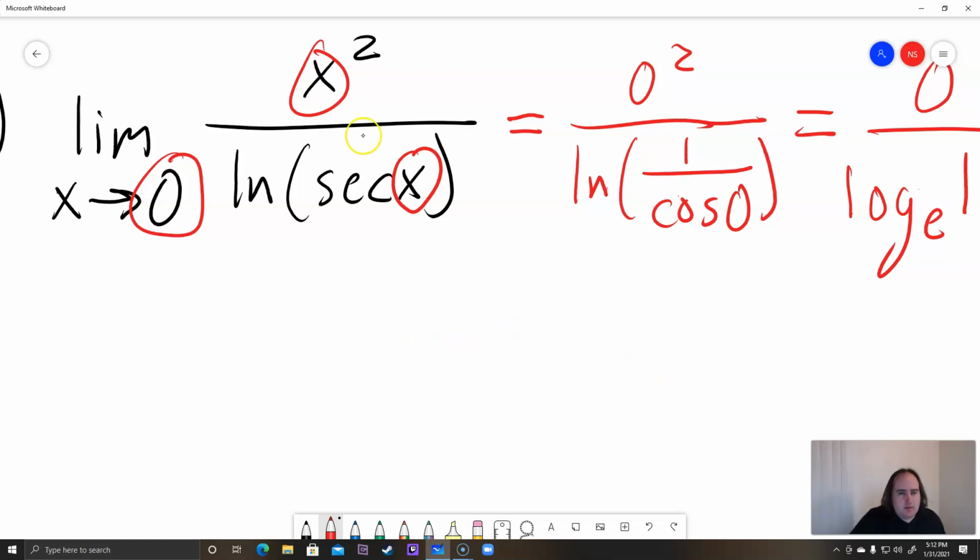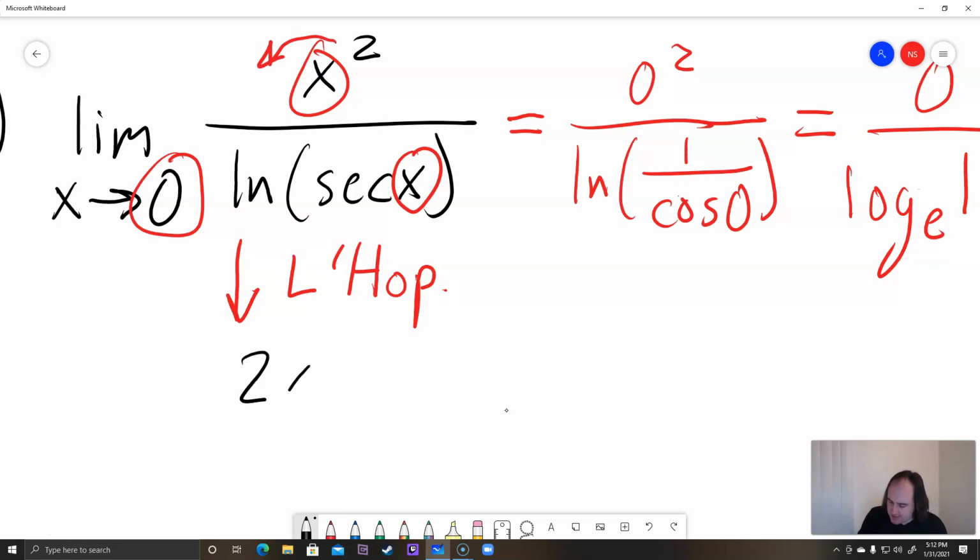So what we need to do is take the derivative on the top and the bottom, using L'Hopital's. On the top, taking the derivative using the power rule, we bring the 2 out front and decrease the exponent by 1, so we get 2x.